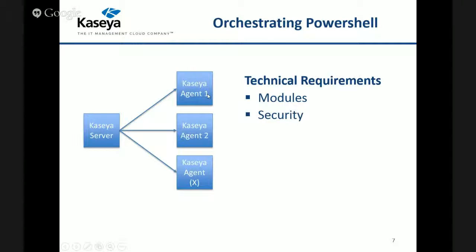Because ideally the way I want it to work, and it is getting there slowly but surely, this system, Agent 1, for example, when it runs this PowerShell script, it wants to make sure, the way we have security set up, that the PowerShell script has been signed. It's been signed by a secure authority.